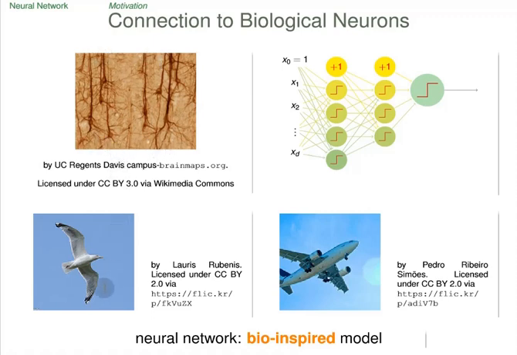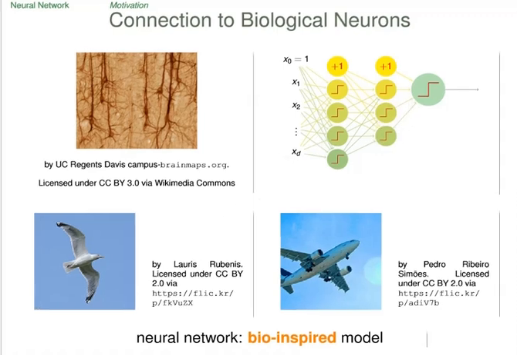Nevertheless, there are several examples where the principles of neuroscience have been successfully applied in designing artificial neural networks. For instance, the convolutional neural networks that we will study in the next lecture are based on architectural principles drawn from the cat's visual cortex.